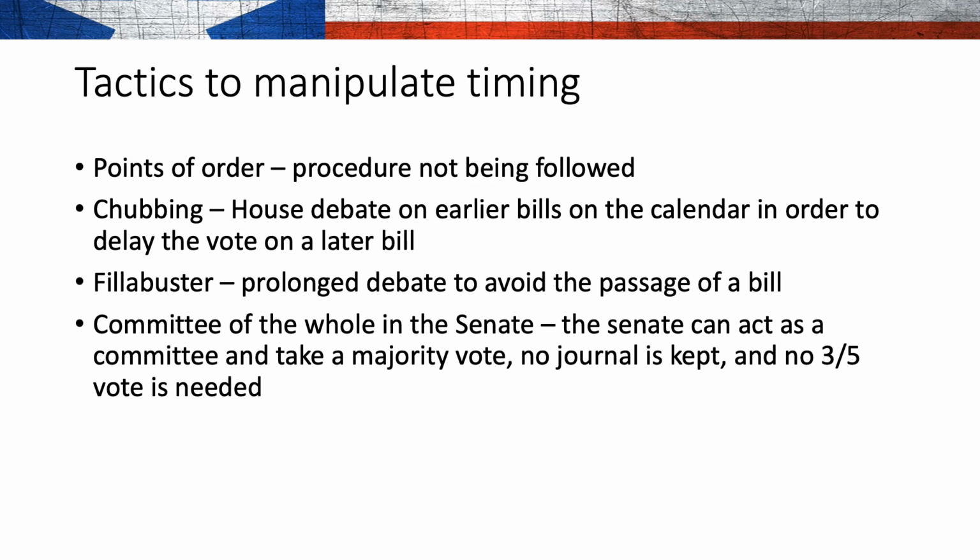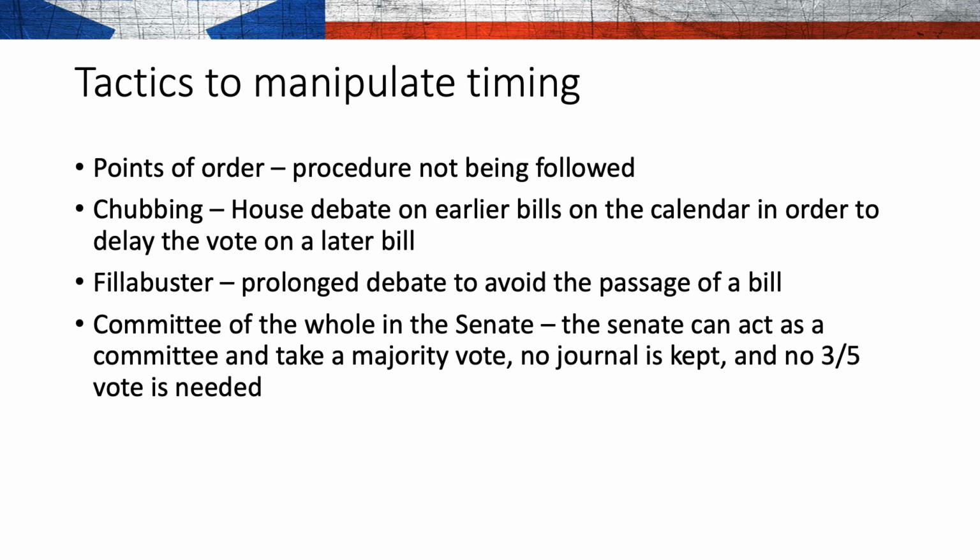And then the Committee of the Whole in the Senate: if the Senate wants to act, they can devolve into a Committee of the Whole, and they can basically just take a majority vote. No 3/5 vote is needed, and also no journal is kept, and so nobody can figure out how somebody voted on the bill or not.